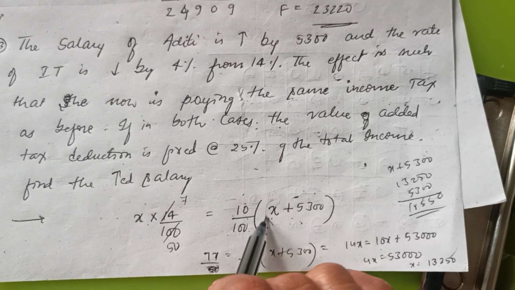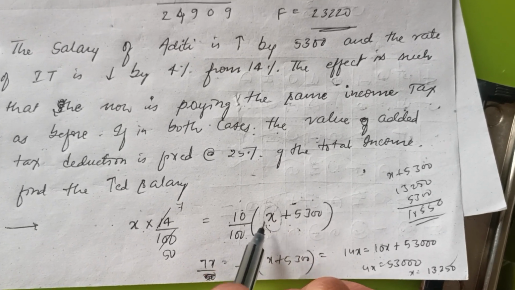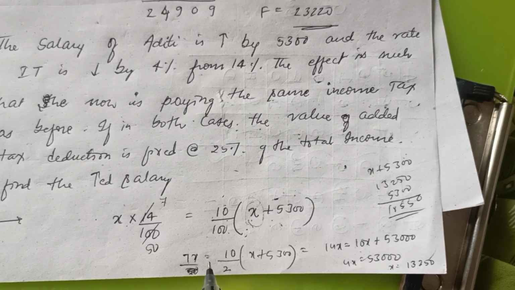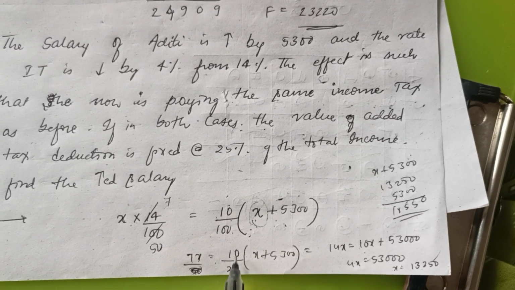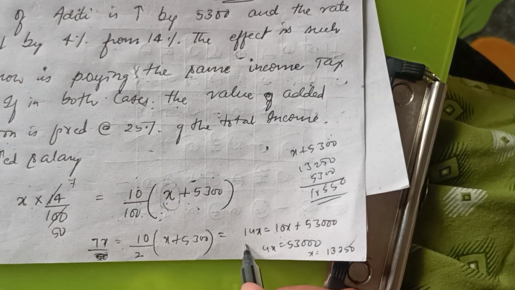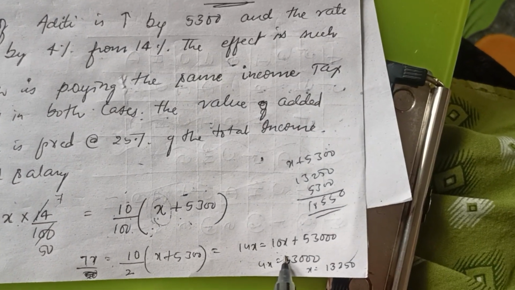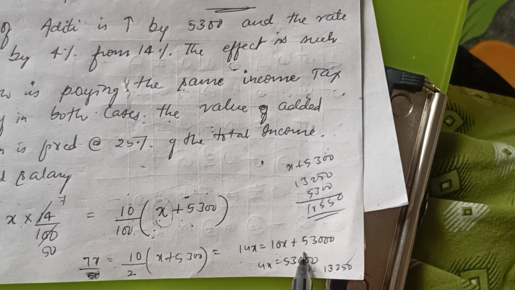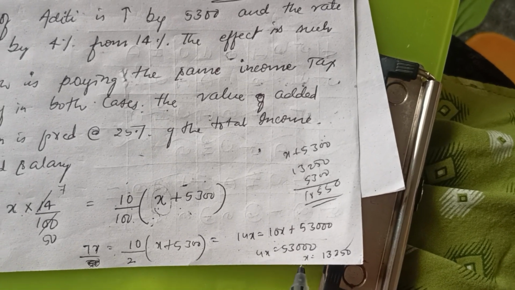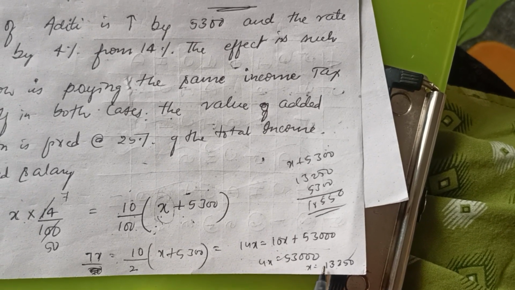After simplifying this, I will get 7x equal to 10 by 2 times x plus 5,300. Therefore 14x will be equal to 10x plus 53,000, and 4x will be equal to 53,000. x will be equal to 13250.